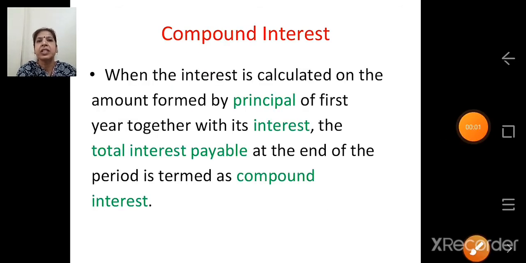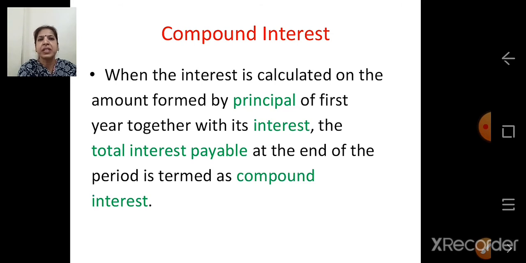We have also studied about compound interest. How is compound interest calculated? When the interest is calculated on the amount formed by the principal of the first year together with its interest, the total interest payable at the end of the period is termed as compound interest.